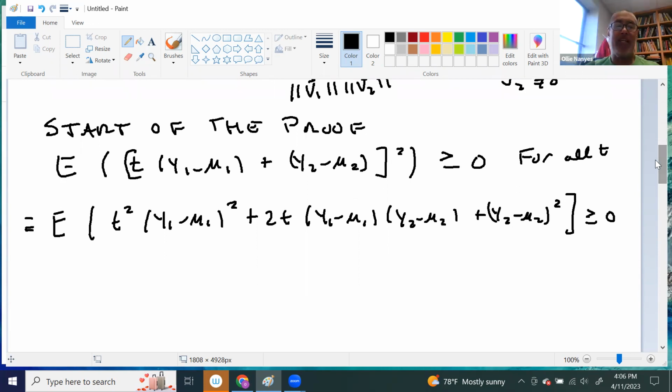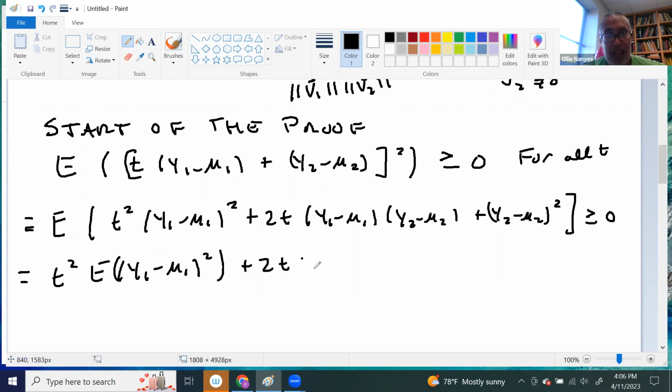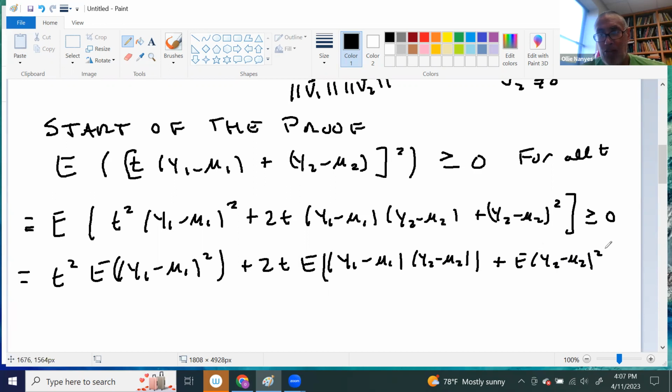Now remember, the expectation is really a linear operator, so you can pull the scalar out. Then you can pull this 2t out. Now you have t squared times the expectation of (y1 minus mu1) squared, plus 2t times the expectation of (y1 minus mu1)(y2 minus mu2), plus the expectation of (y2 minus mu2) squared. And remember, that's greater than or equal to 0.